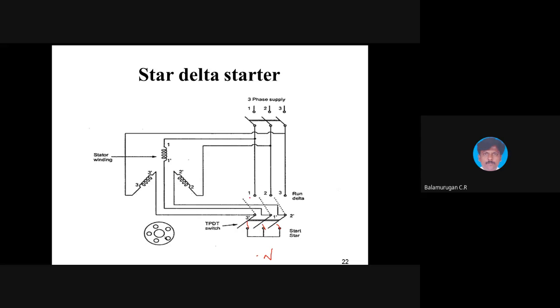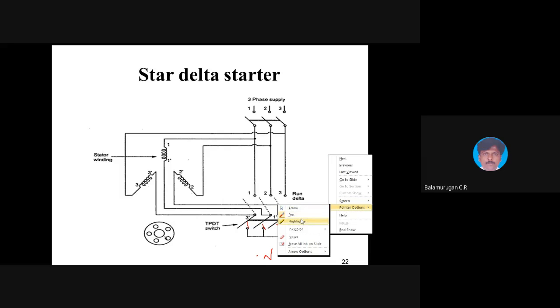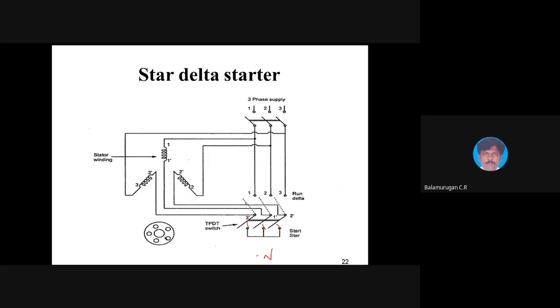And if you connect on the upper side, it will be connected in delta. You see here, terminal 1 is connected, and 1 dash will be connected at 2.